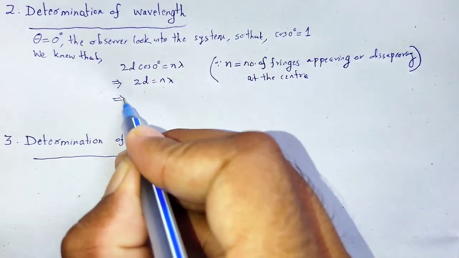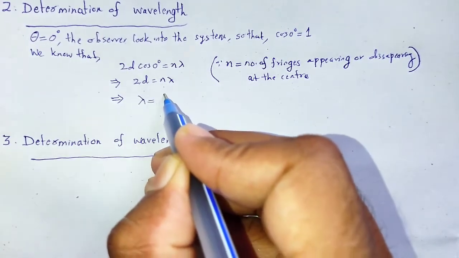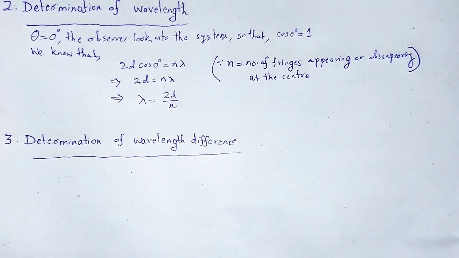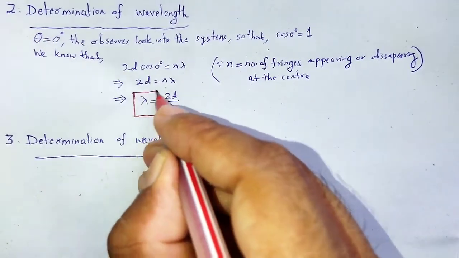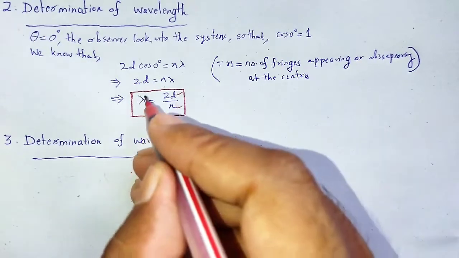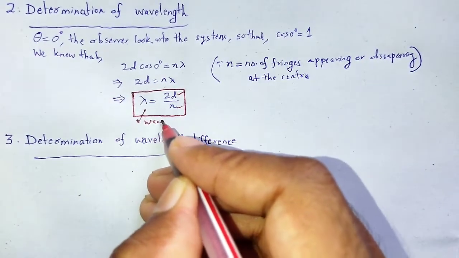Which implies wavelength lambda is equal to 2d by n. In this way, by knowing the value of d and n, we can easily evaluate the wavelength.